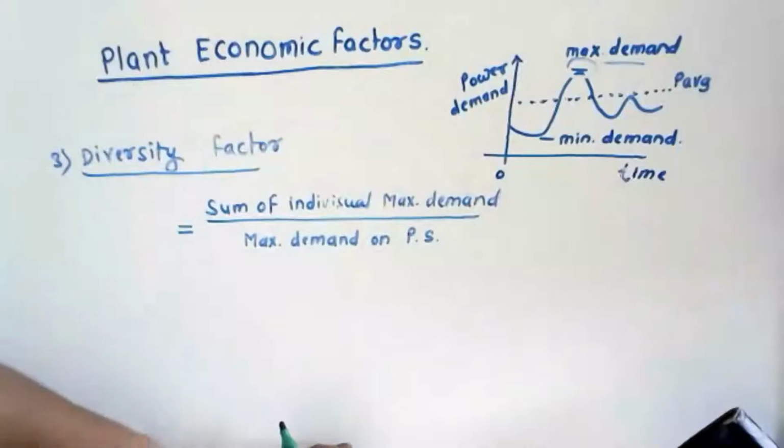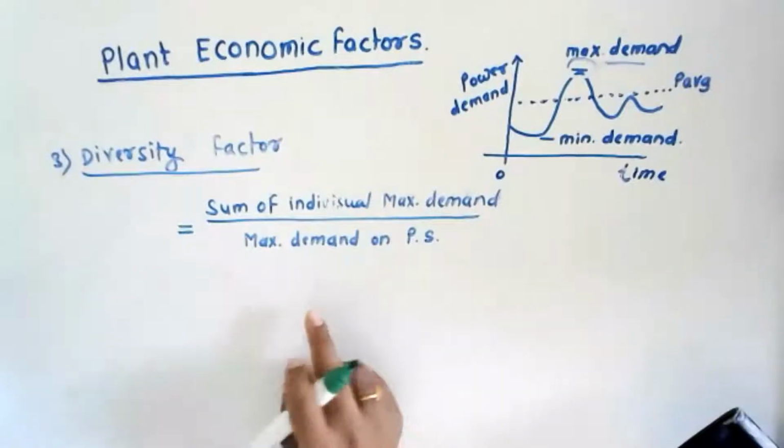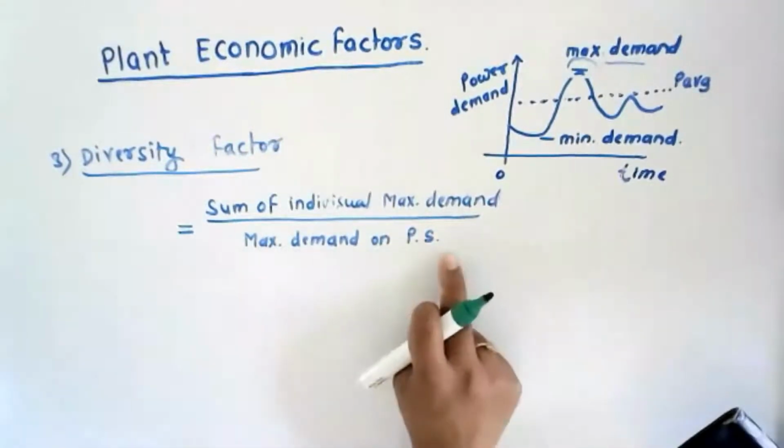So what does it mean by the diversity factor? The ratio of the sum of the individual maximum demands divided by the maximum demand on the power system.